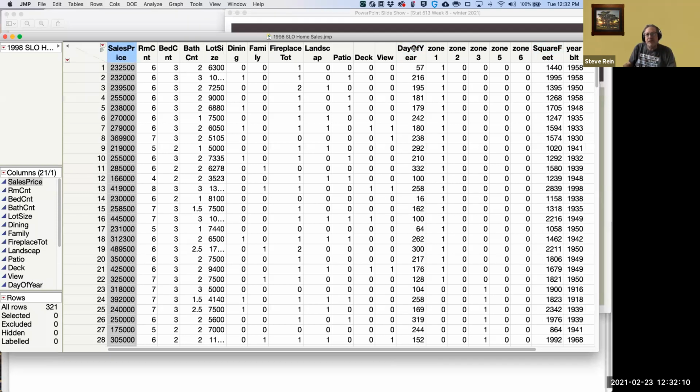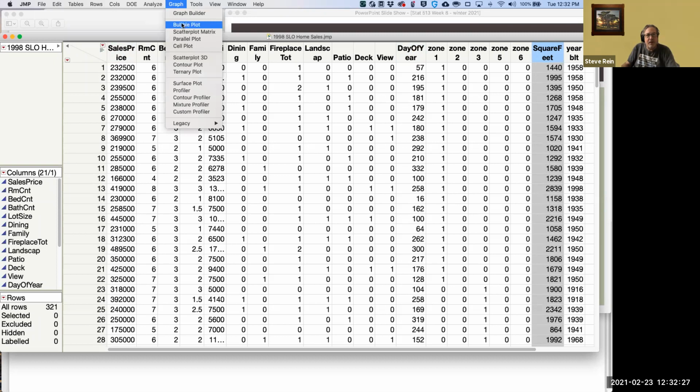Before I could even assess whether there is an impact of day of year on the sales price, I need to take into account other things, things that probably do matter. I really think the square footage of the home plays a role. Okay, so I'm just going to go ahead and start down that path, and I'm going to go with Graph Builder because Graph Builder is my friend.